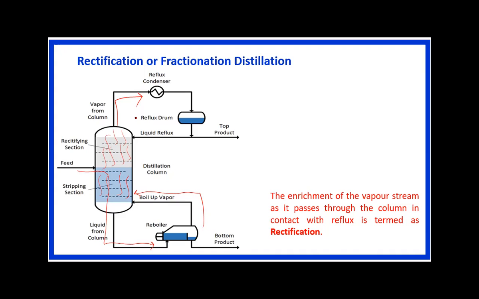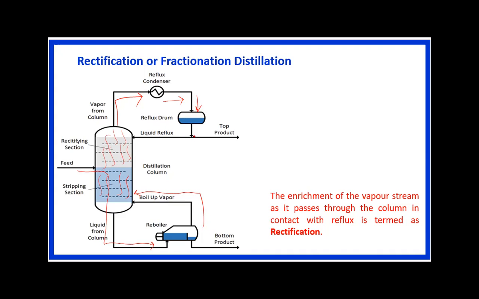With the help of coolant, these vapors are converted into liquid. If vapors are converted into liquid droplets at constant temperature and pressure, that process is called condensation. These liquid droplets are then accumulated in the reflux drum, also called the accumulator.